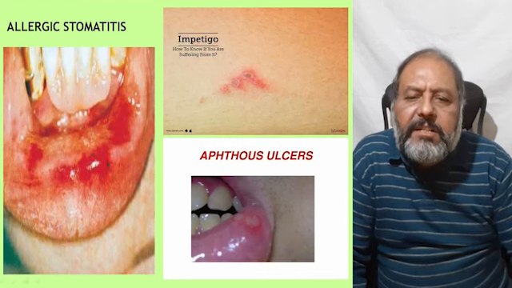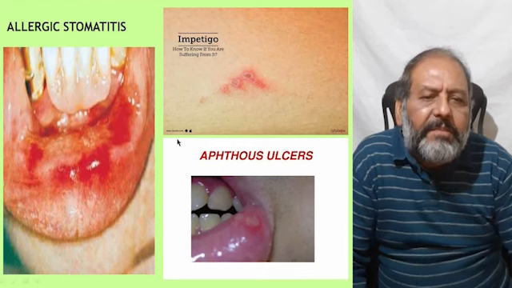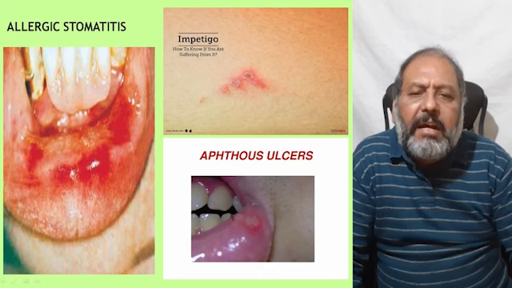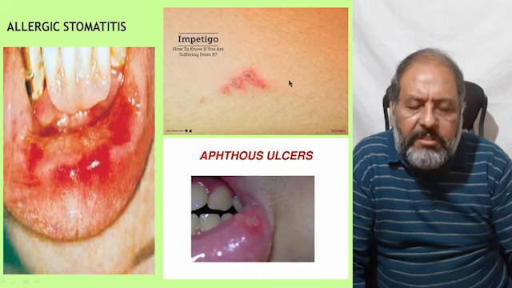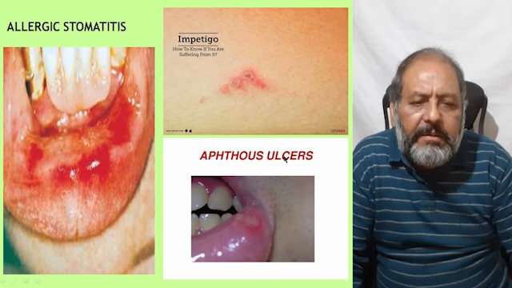And allergic stomatitis is also presenting like this. Then impetigo, a bacterial infection, and aphthous ulcers are also having this. I have already given a separate lecture on impetigo, aphthous ulcer, and mouth ulcer.